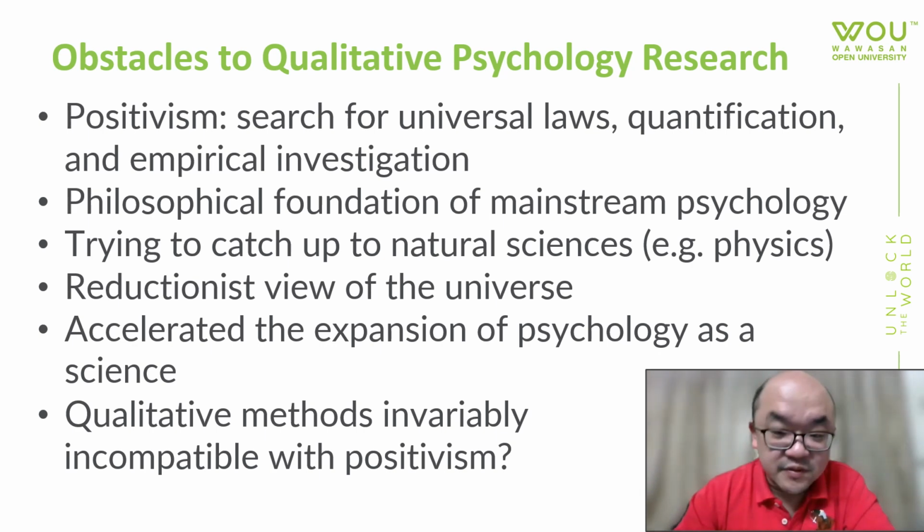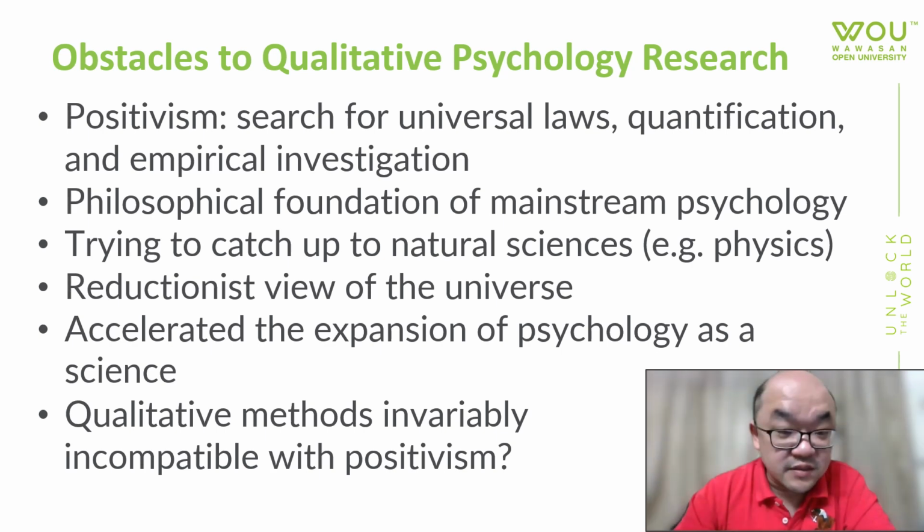Positivism is a school of philosophy where the focus is on the search for universal law, using quantification. In this case, everything becomes objective measures, as in numbers, and empirical investigation. That's the scientific experimentation methods that we all learn in research method papers during your degree years.